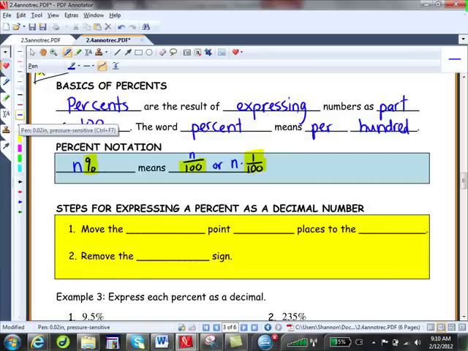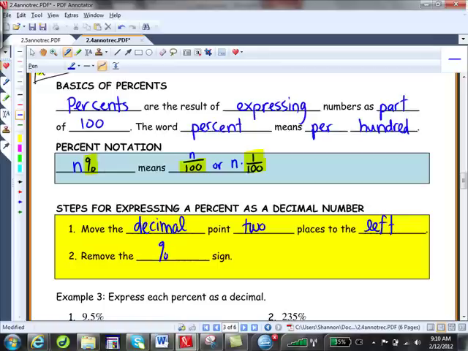Awesome. So let's write that in. Move the decimal point 2 places to the left. And then remove that percent sign because nothing in math is free. So if you're moving the decimal point 2 places to the left, you have to take away that percent sign.